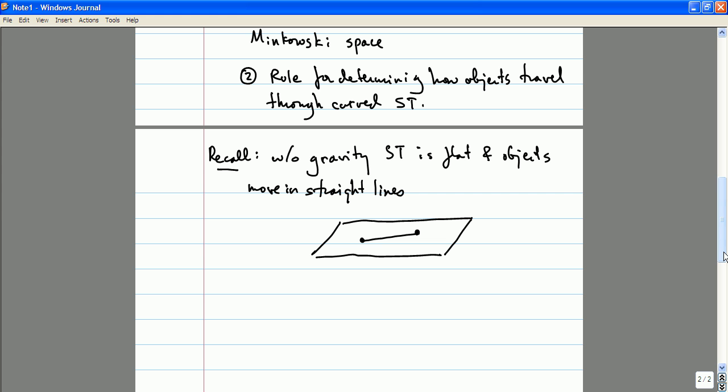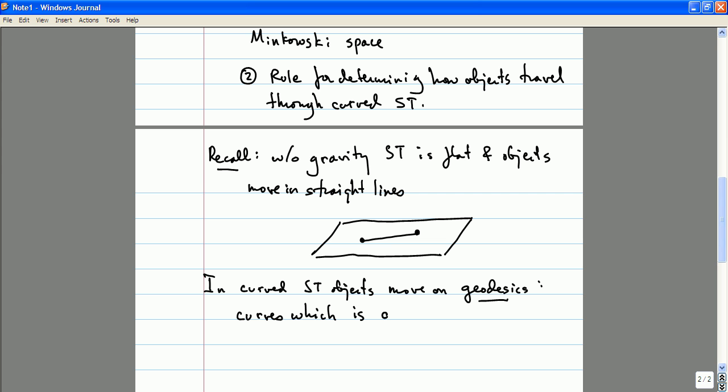The rule in general relativity, however, is that in curved spacetime, objects will move on what are known as geodesics. What is a geodesic? A geodesic is a curve which is as straight as possible given the curvature of spacetime.